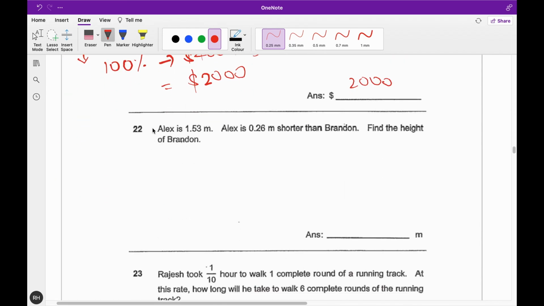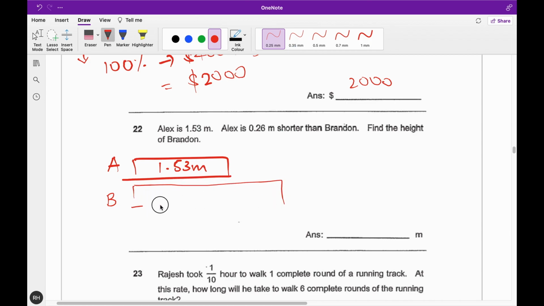Question 22. Alex is 1.53 meter. Alex is 0.26 meter shorter than Brandon. Find the height of Brandon. So Alex is 1.53 meter. Alex is shorter than Brandon, so the model for Brandon would be longer.